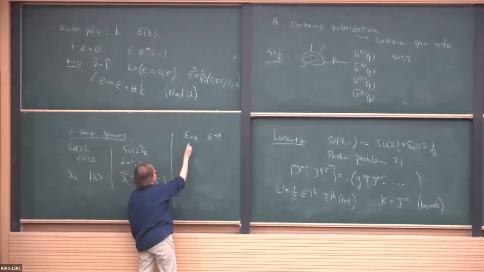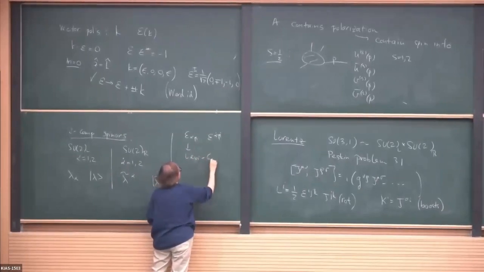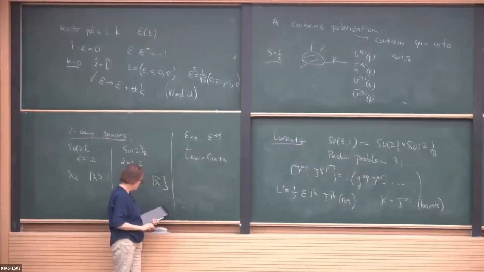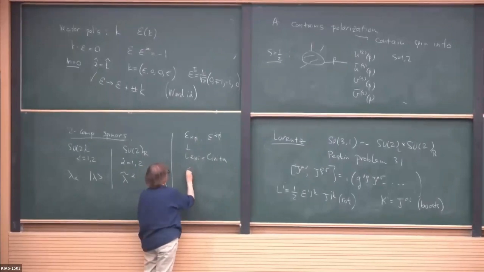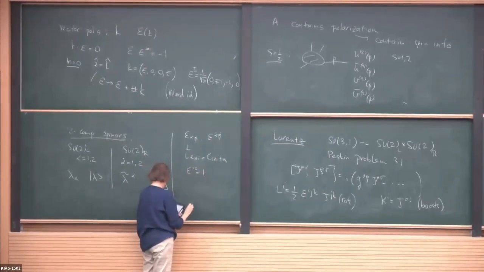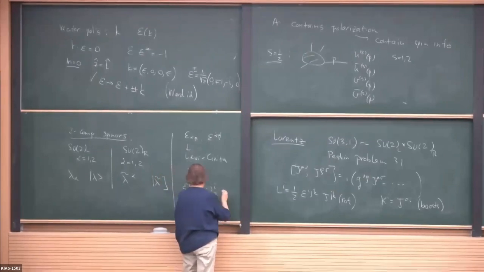This is the Levi-Civita tensor in 2D, so it's completely anti-symmetric. My convention is going to be that epsilon 1,2 equals 1, and epsilon ij is, of course, minus epsilon ji.